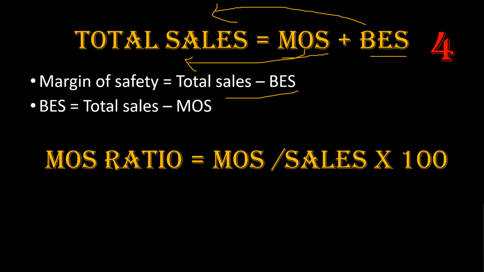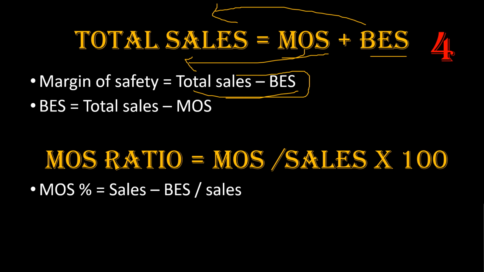This is the formula to find the margin of safety ratio. Margin of safety ratio is equal to MOS divided by sales into 100. So margin of safety is nothing but the total sales minus break-even sales. So I just bring this total sales minus break-even sales in the place of margin of safety. Margin of safety percentage is equal to sales minus break-even sales divided by total sales.